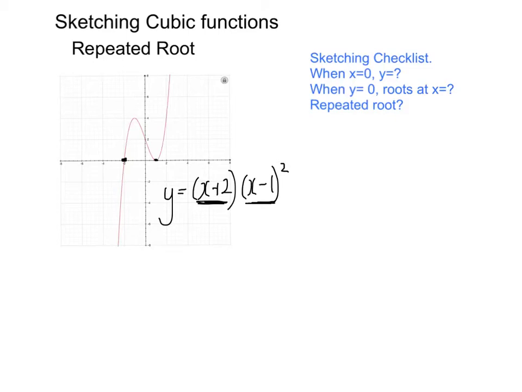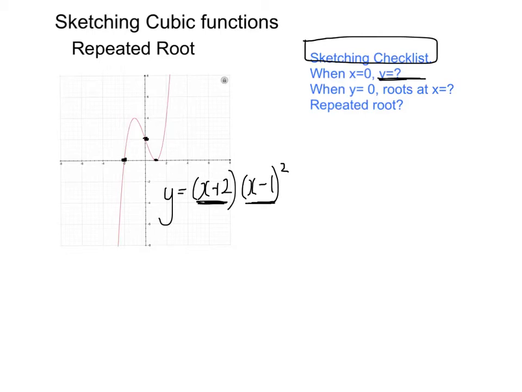Okay, so our sketching checklist over here. These are things to remember when you're asked to sketch. When x is 0, where does it cut the y-axis? As you can see in this case, when x is 0, this bracket would be worth 2. And here when x is 0, this bracket would be minus 1 squared, which would be 1. So that would give us y equals 2, which is why we can see here it crosses the y-axis at 2.